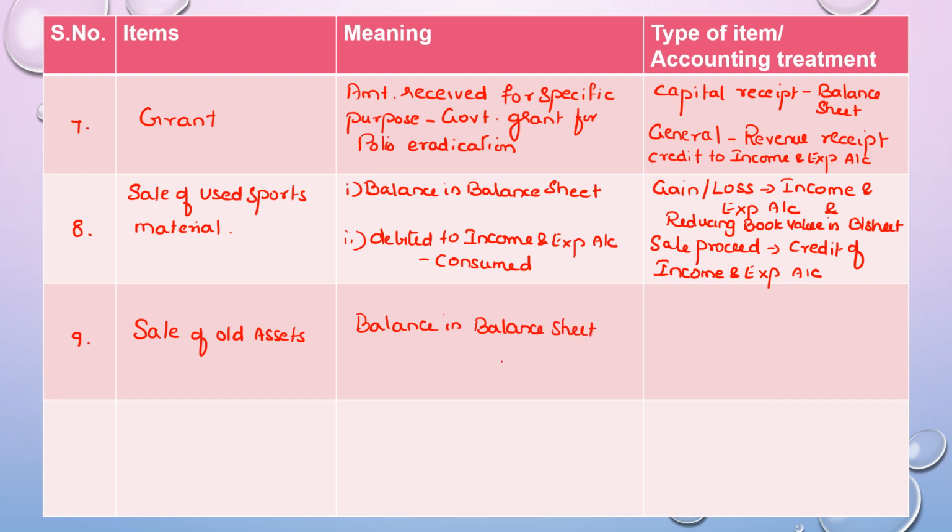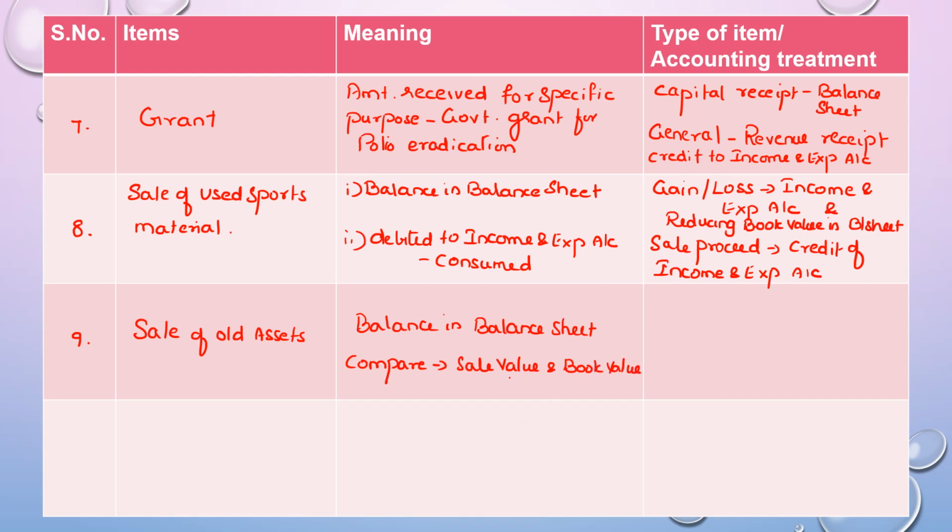So now that is being written off. That is being sold out. So when you are selling, you are going to receive some money. You would be comparing again here the sale value with the book value. So we are going to compare here also the sale value and the book value. And the difference would be a gain or loss.